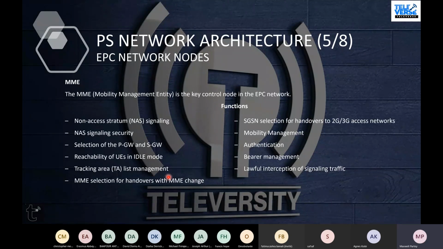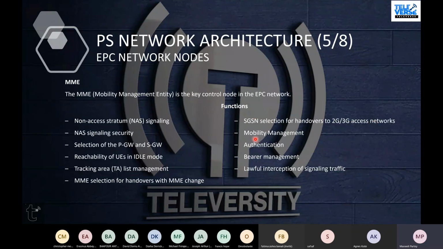X2 handovers are normally not handled by the MME. But when it comes to S1 handovers, you find it being handled by the MME, which we'll talk about in module 3. Module 3 will talk more about the signaling and the flows that happen within the network. The same goes for SGSN selection for handover for 2G to 3G access networks, okay?